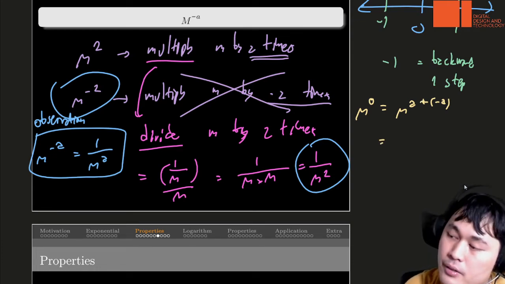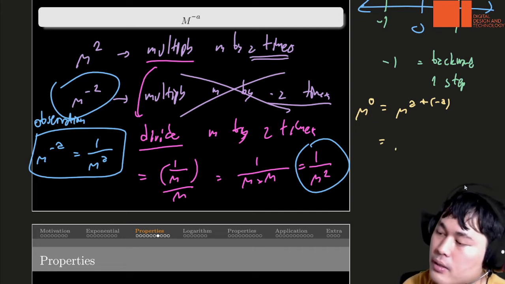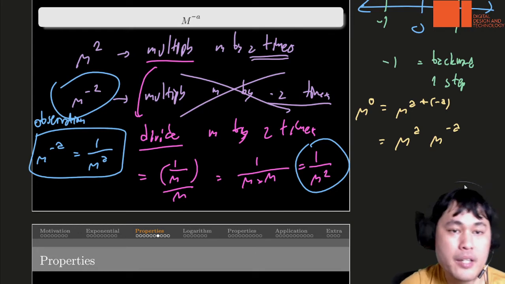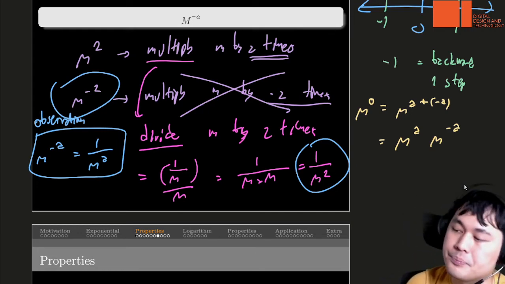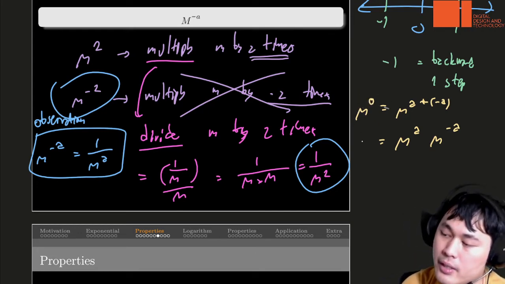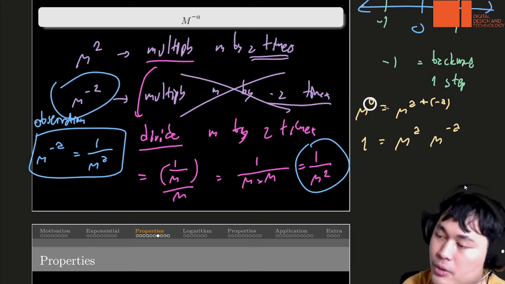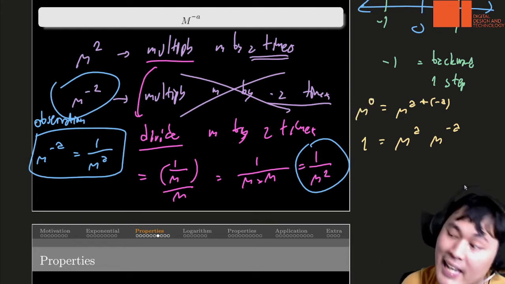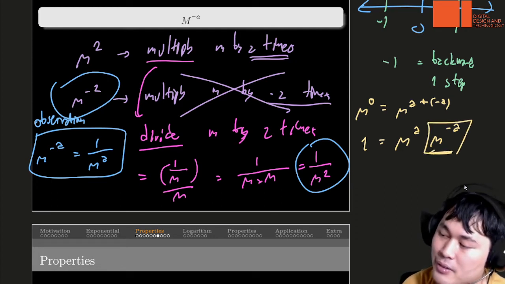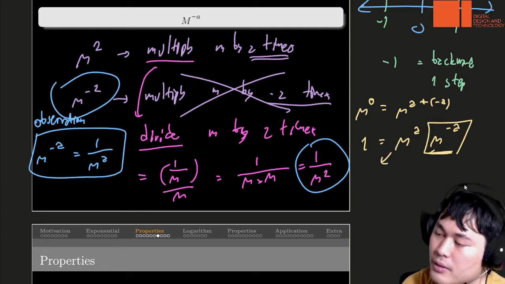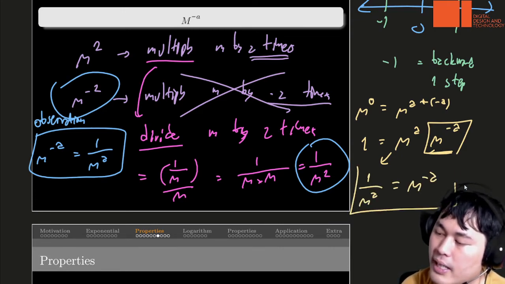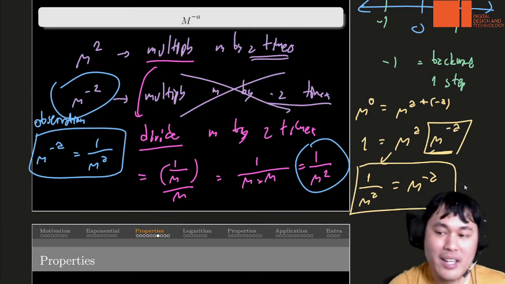And then since we add exponents together, we can use the property to split this into 2 parts. And the first one is 1, because m to the power of 0 is 1, which is what we just proved. And lastly, we want to find that, so we have to use algebra to move stuff around. And there it is. This is the proof.